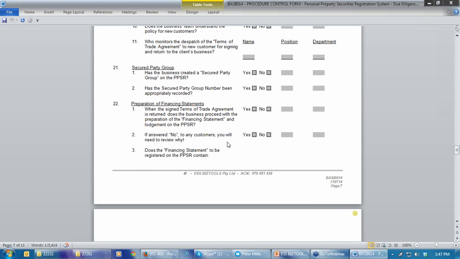One of the questions we believe you should be looking at is if the business is sending terms of trade agreements to customers and they're not signing and returning them, why not? Someone needs to be following that up. They should be getting them back, because the decision should be your client's to make whether they're going to register this particular customer or transaction on the register, not for the customer to make.